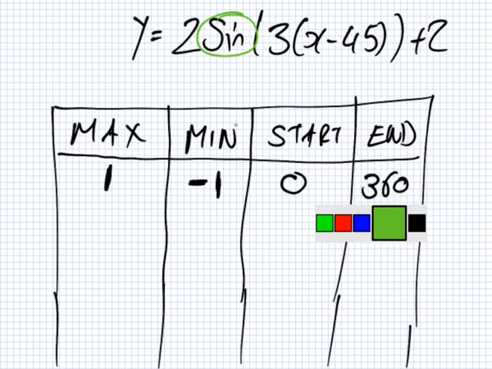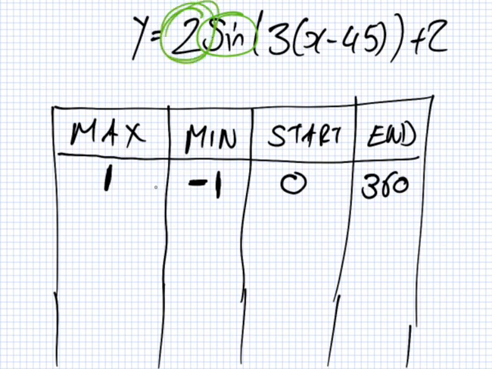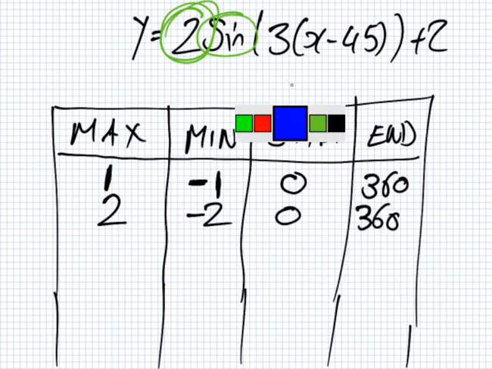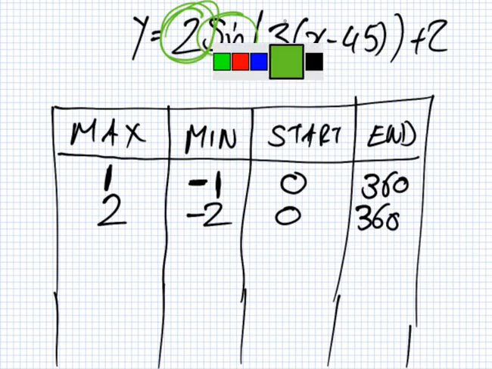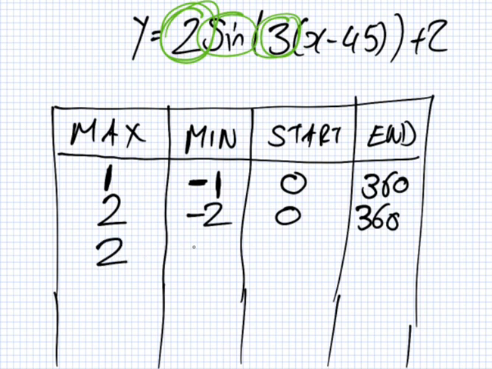Okay. Can you please read the formula back to me as our first example? Example: y equals 2 sine, brackets, 3, brackets, x minus 45, bracket, bracket, plus 2.